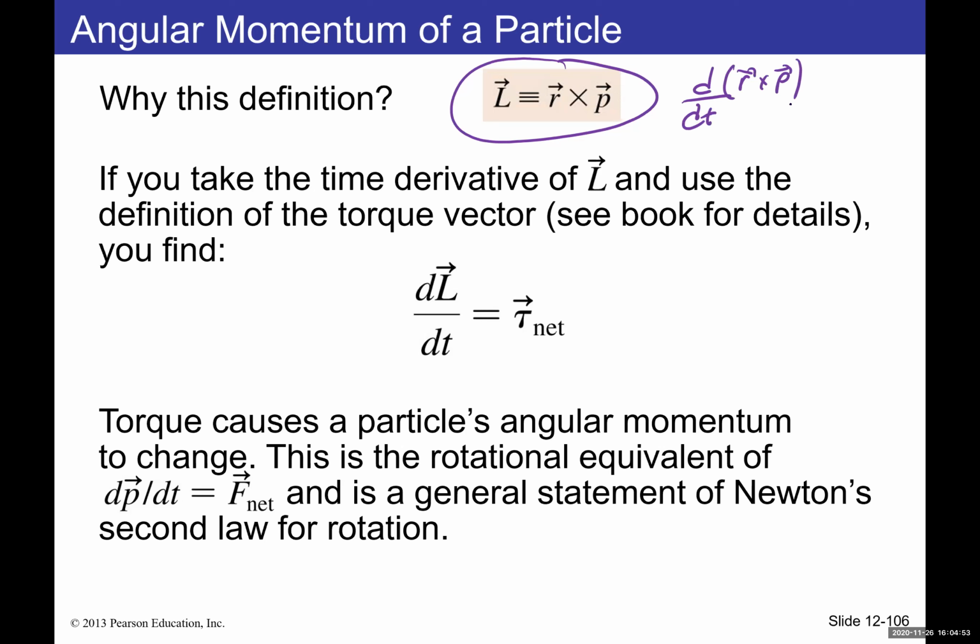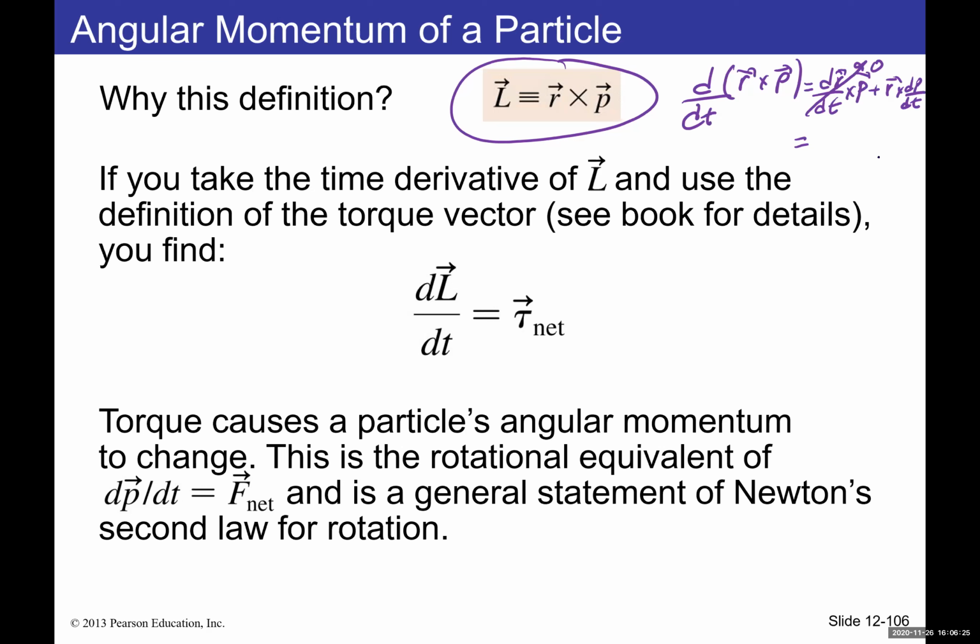If I do that derivative, what I will get is dr/dt cross p, plus r cross dp/dt. Then one of the things we will see is that this first term goes to zero.